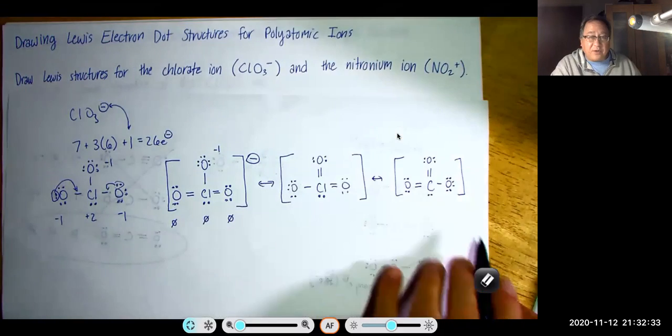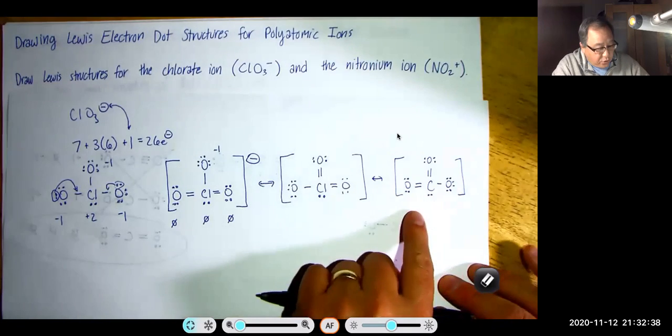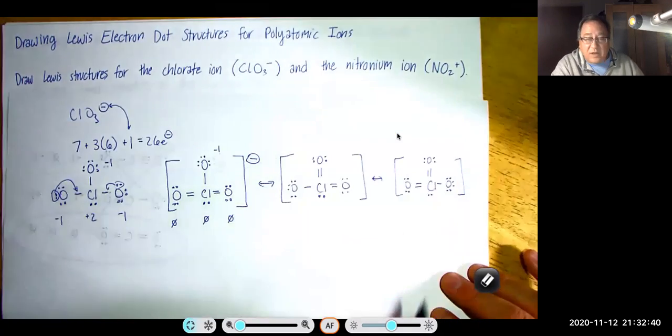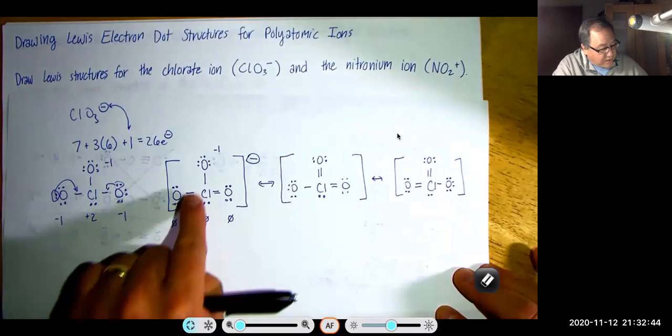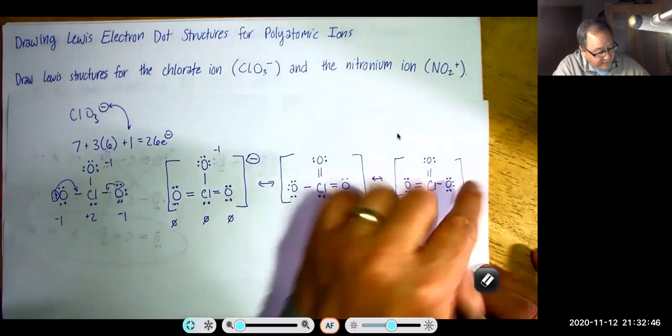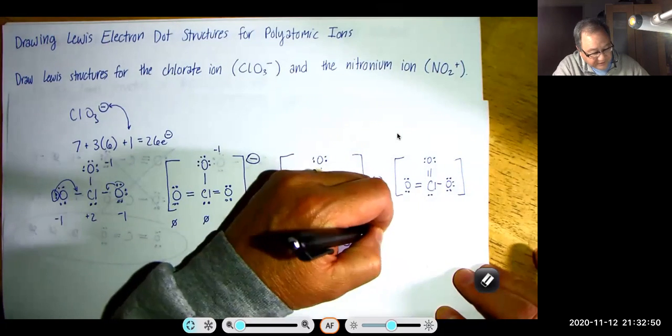So these are the 3 resonance structures. And this should give you the idea that there are not 2 double bonds and 1 single bond, but rather, if you take a look here, there's 1, 2, 3, 4, 5 bonds spread over 3 positions, which is 1.67.